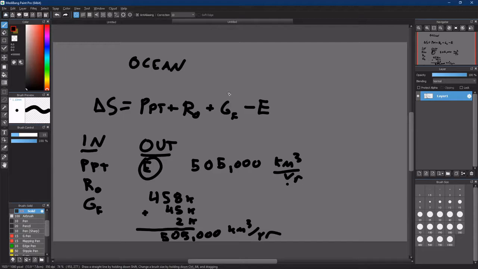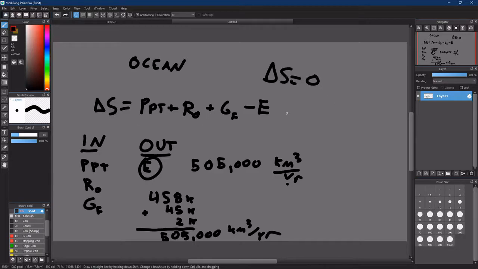Number 16, what would happen if the amount of water entering the ocean was different than the amount leaving it? So to answer this question, you can just look at your water budget equation. So here, if these were not equal, well, as they are now, you have the same amount going in, so change in storage is equal to 0.